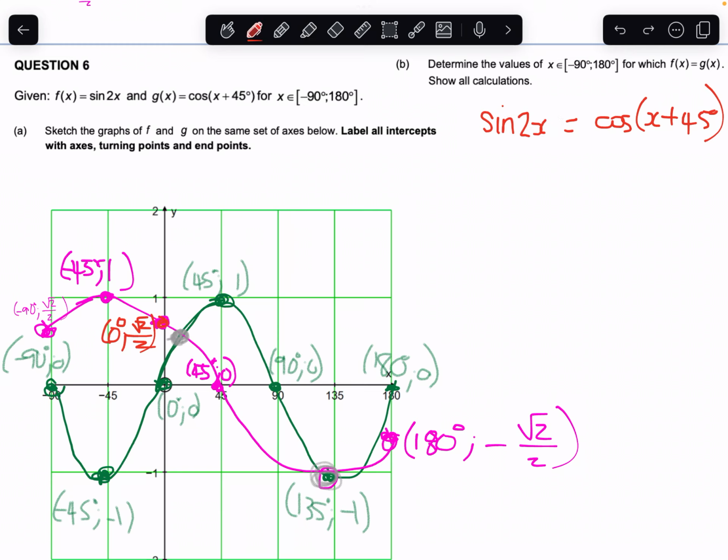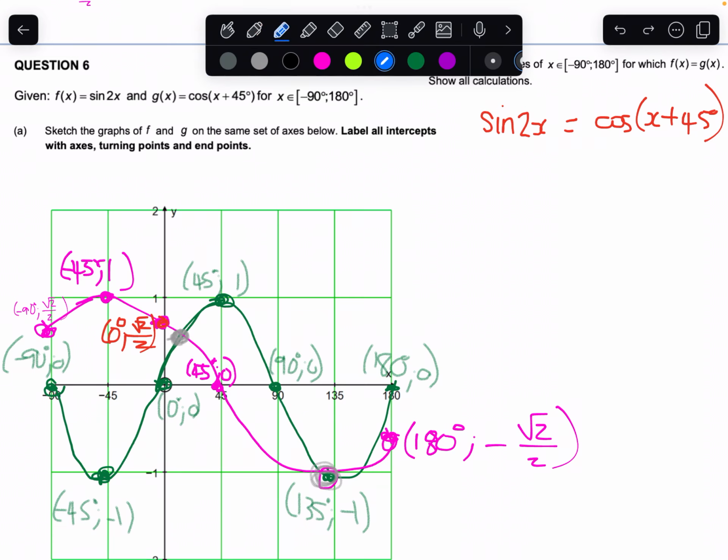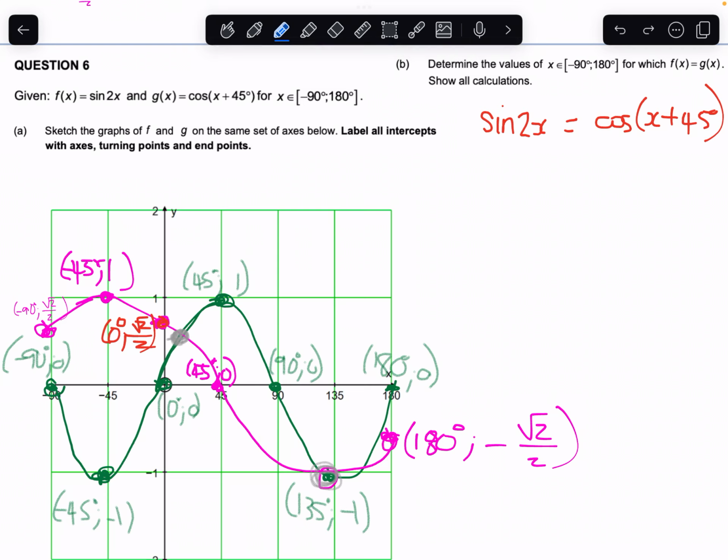Which one is easier? Either one is fine. So I'll rewrite this one as a sine ratio.